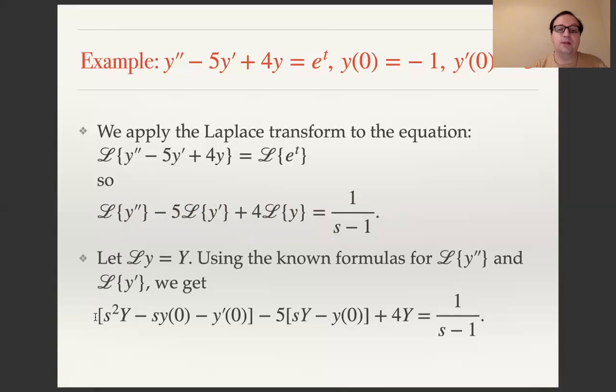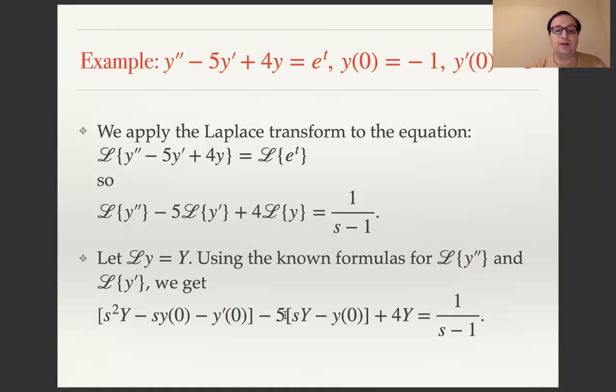So using the known formulas for the Laplace transform of y double prime and the Laplace transform of y prime, we get that s squared of Y minus s lowercase y of 0 minus lowercase y prime of 0. So this is the Laplace transform of y double prime.